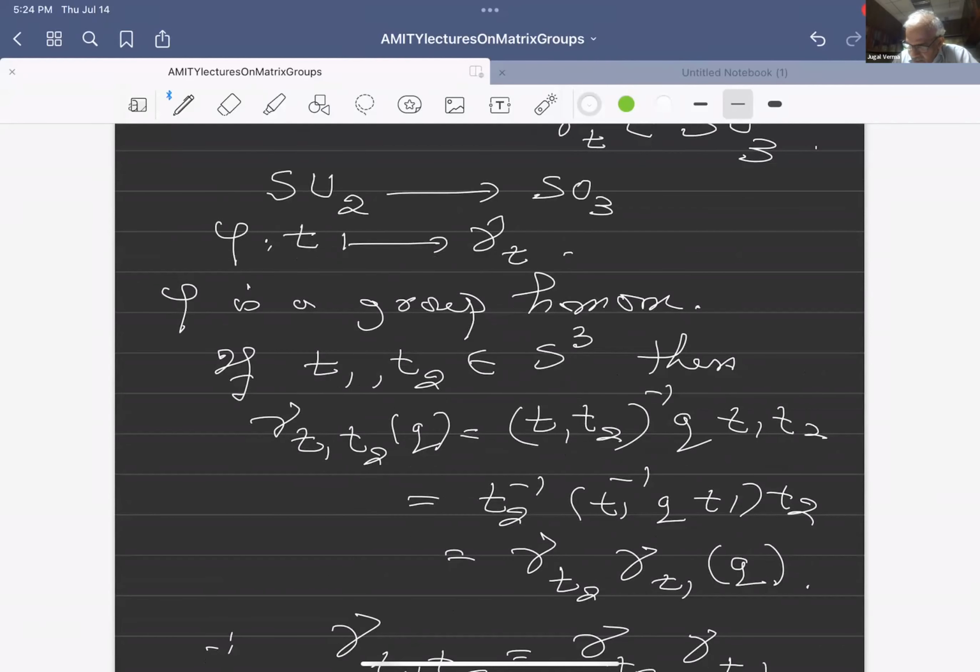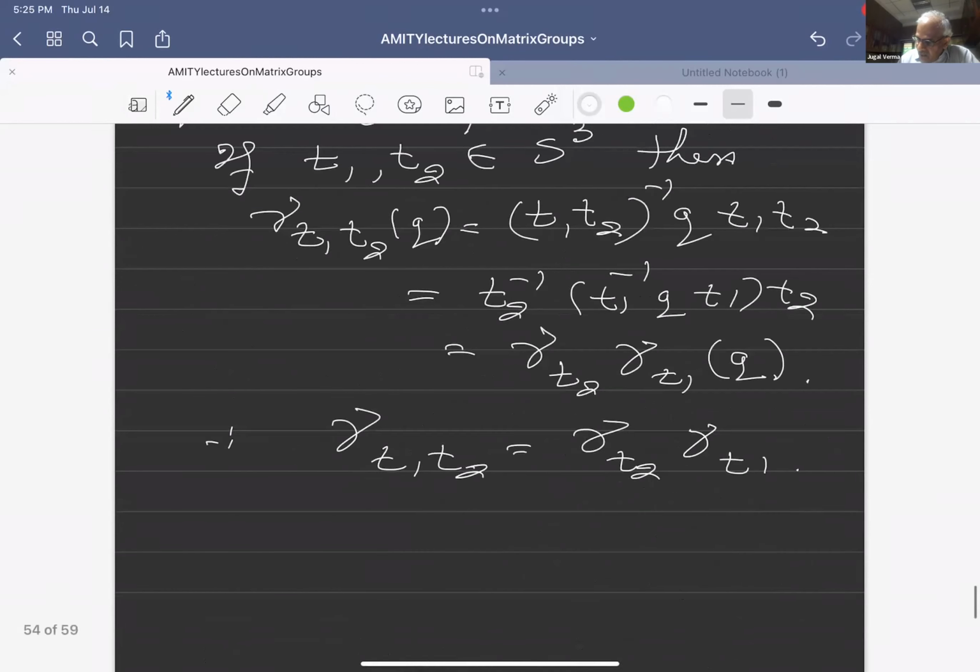But this is a group homomorphism, and this last theorem says if I am given a rotation, that means a matrix in SO3, then this comes from gamma t. I can construct a t so that gamma t is this rotation. So this is an onto map. But it is not an isomorphism. It has a kernel.